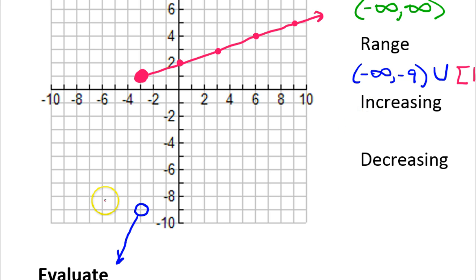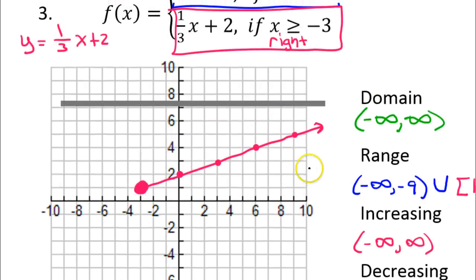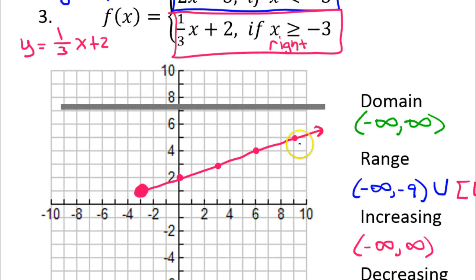So we're increasing over the entire domain. So I'm just going to wind up recopying -infinity to +infinity. Decreasing intervals, there are none. All right, it's all uphill. So that is it for problem number 3. That's all we were asked to do.